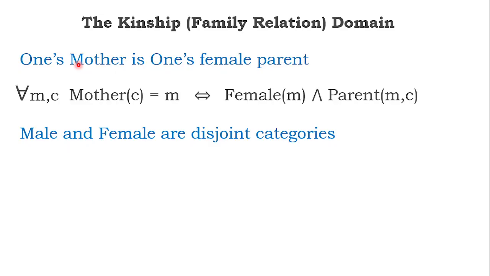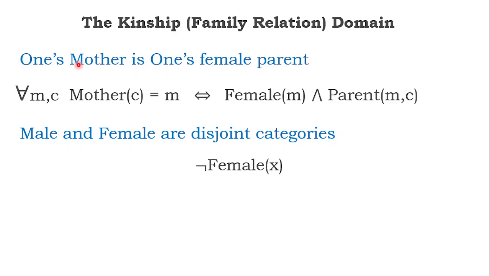It's complicated, but we use this type of statement in family relationships. Male and female are disjoint categories. What do you mean by disjoint? If a person is a male, he can't be a female. If a person is a female, he can't be a male. That's the meaning. Okay, how to represent? If one is a male, he cannot be a female.